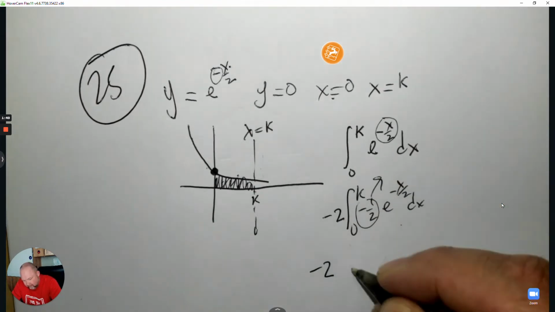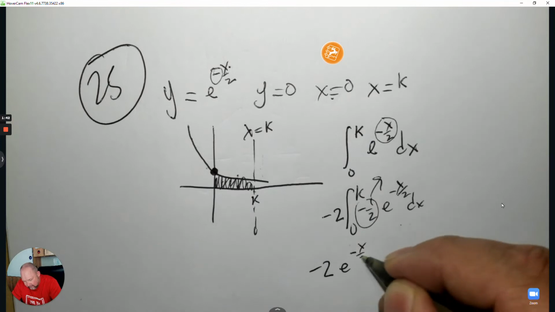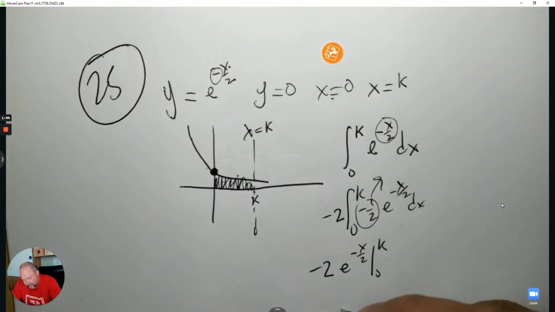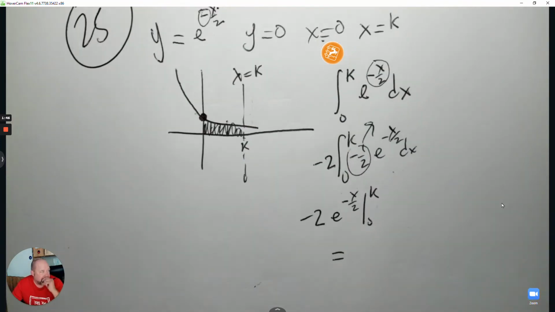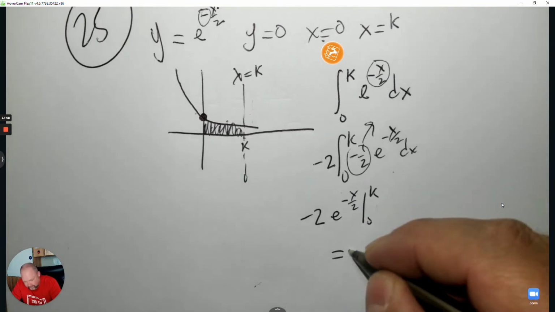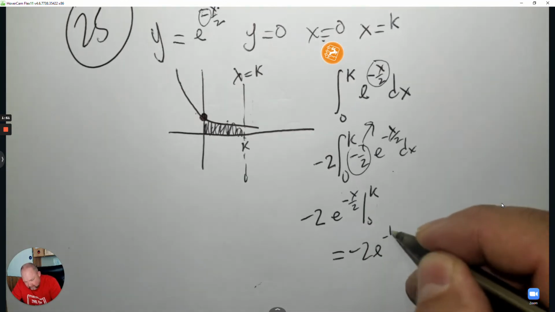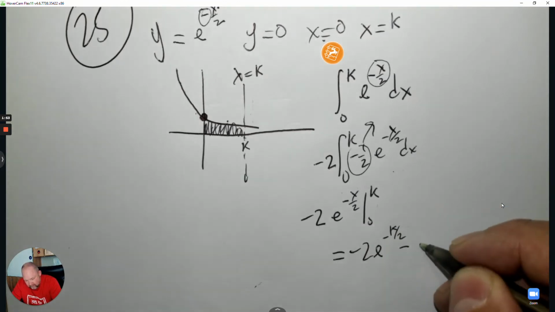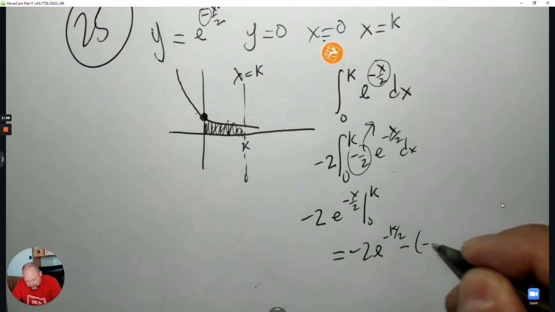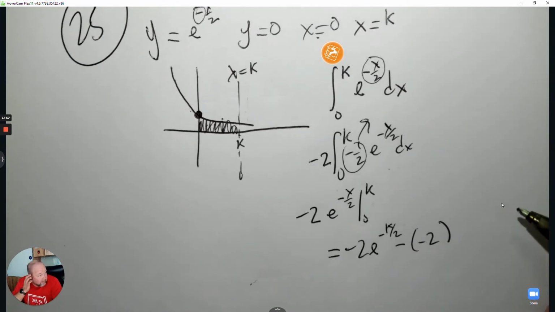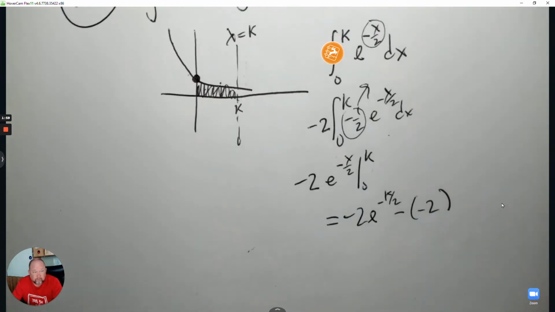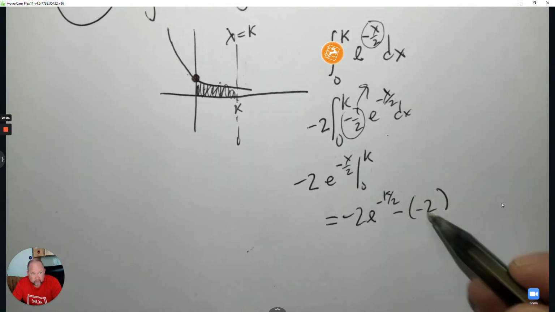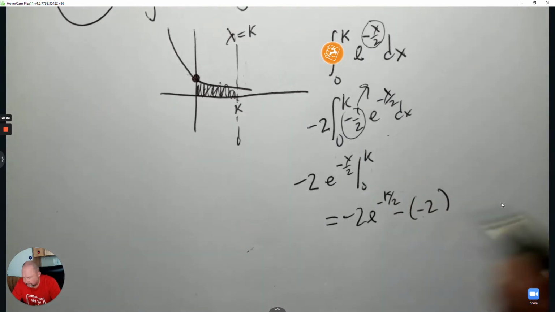So the answer is negative 2 e to the negative x over 2 from 0 to k. And then I plug in k, subtract, plug in 0. And e to the 0 is 1, so plus 2 at the end.